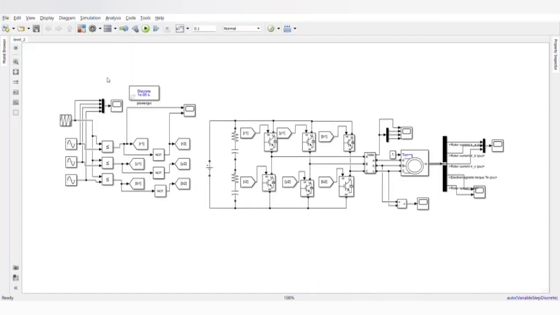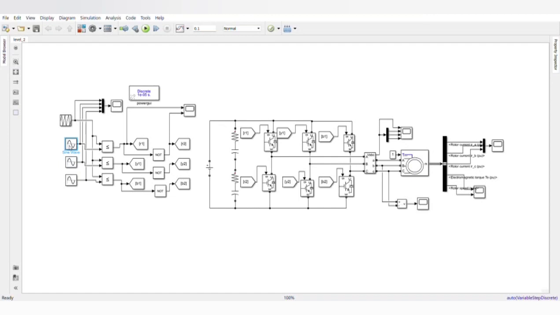This is the basic schematic diagram of a two-level inverter which is connected to an induction motor. This two-level inverter is a combination of control circuit and power circuit or main circuit, and this is one of the applications that is used with an inverter. The control circuit mainly consists of a repeating sequence, which is also known as carrier signal, and for this repeating sequence the triangular wave is taken.